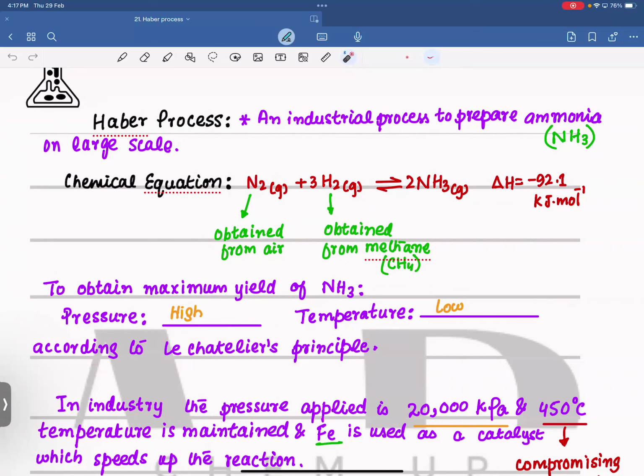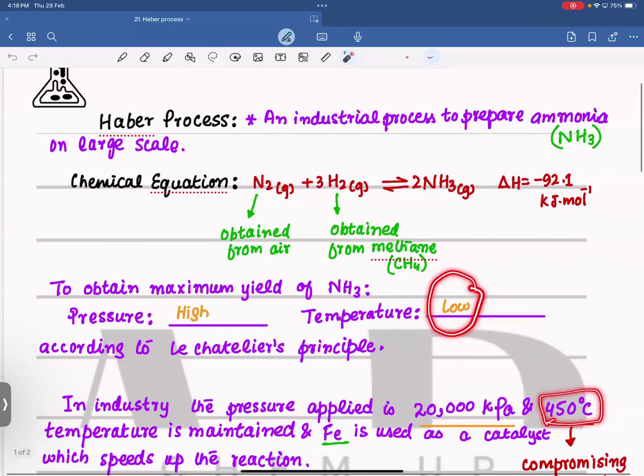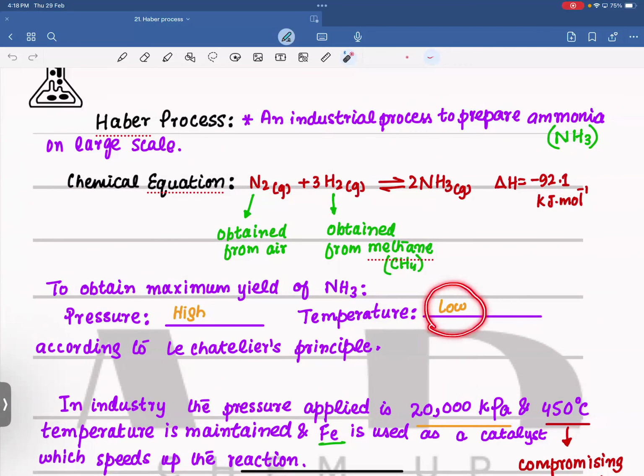But in industry, when this reaction is performed, we maintain a higher pressure, 20,000 kilopascal. We are also maintaining a higher temperature. According to Le Chatelier's principle we need a lower temperature, but we are maintaining a moderate or slightly higher temperature, which is 50 degrees Celsius.